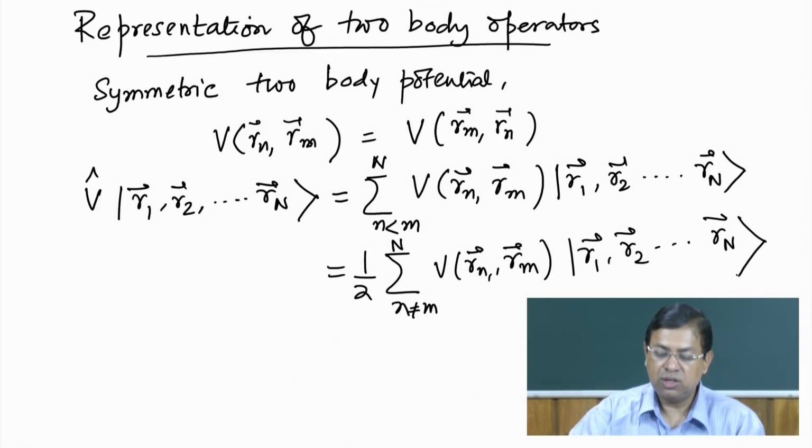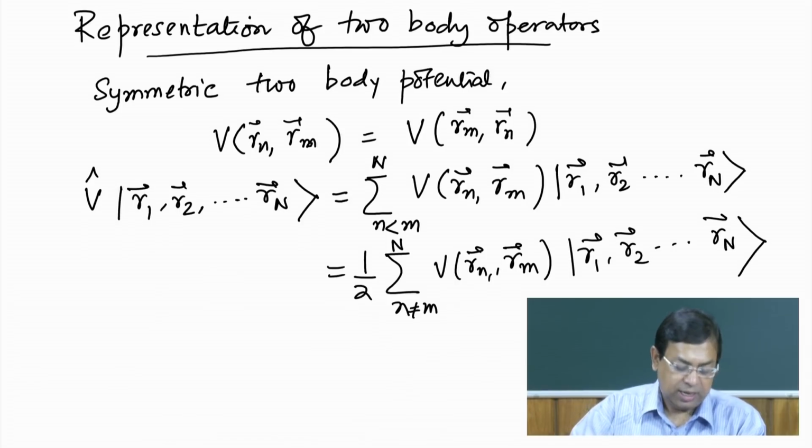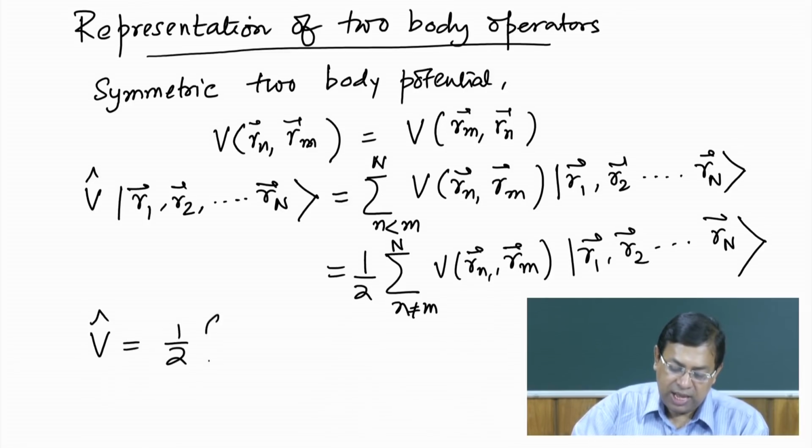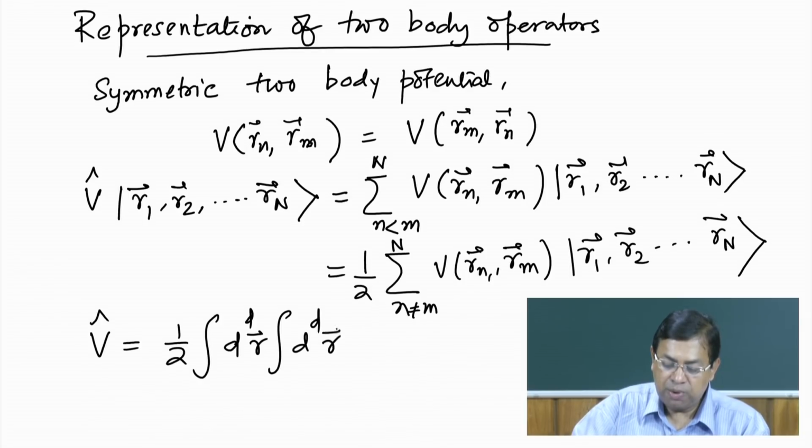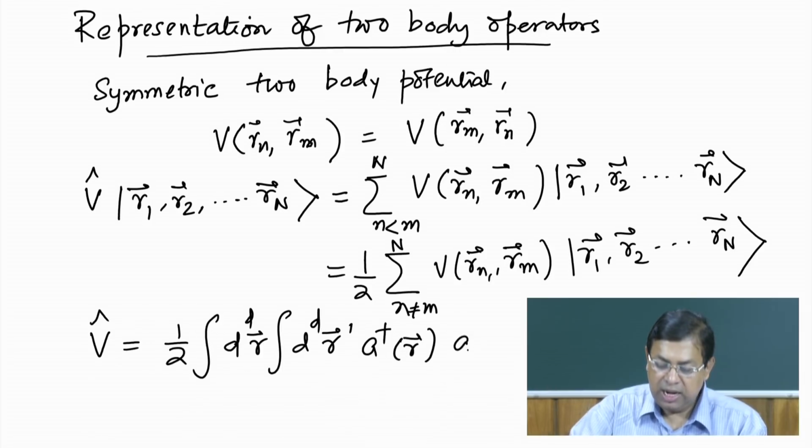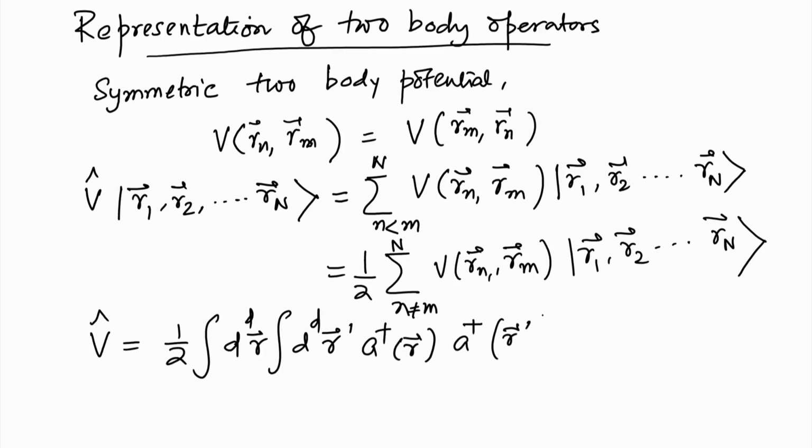So, as it acts on a basis state that is given by this. Now, we can take a two body interaction term in vacuum as equal to a half, and again written as an integral d r and d r prime, a dagger r, a dagger r prime, and V r r prime, a r prime, a r.